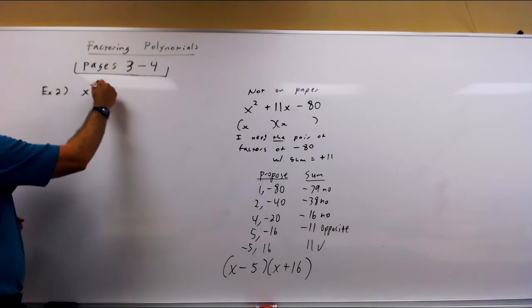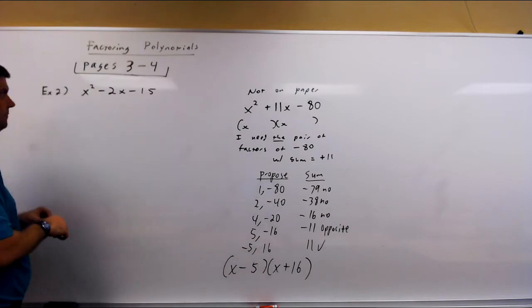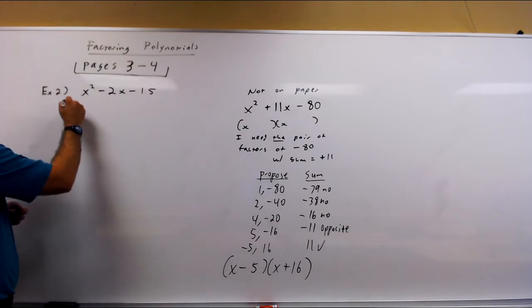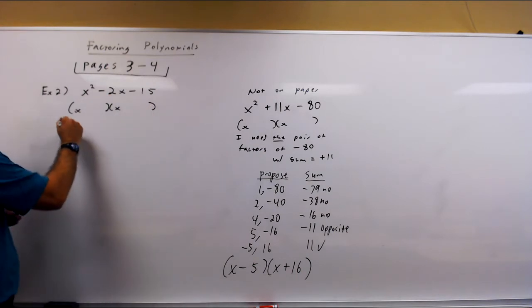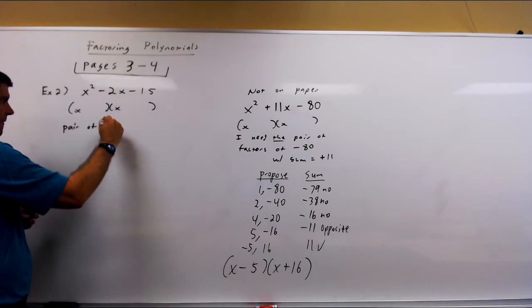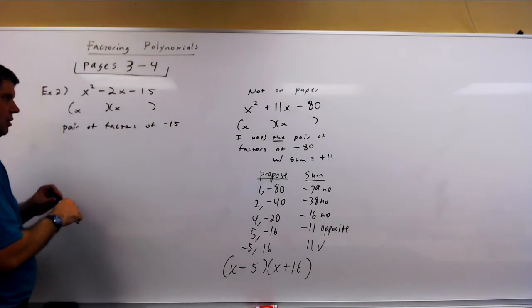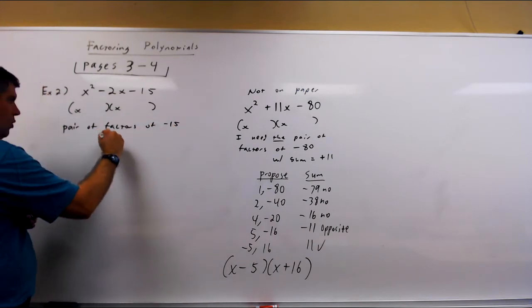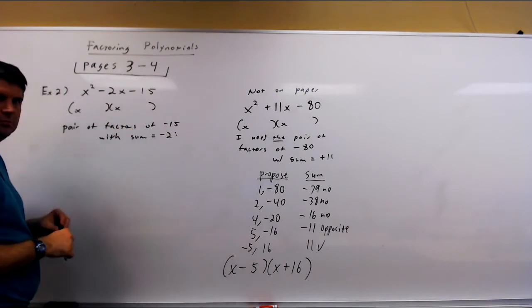X squared minus 2x minus 15. Okay? I got x and x. Let's say I need the pair of factors of negative 15 with sum equaling negative 2.